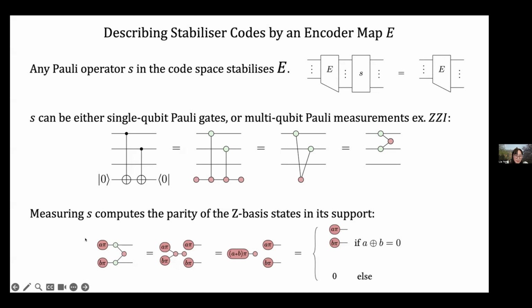So if you plug in Z basis states, ket 0 or ket 1, either of them can be ket 0 or ket 1, then this will take the XOR of those two. And so on. In general, these are doing parity checks. So this already gives us a way to go between circuits, and by doing these fusions, you get XOR and parity operations in the Z and X bases.